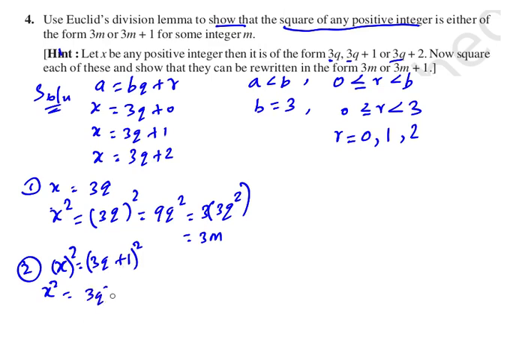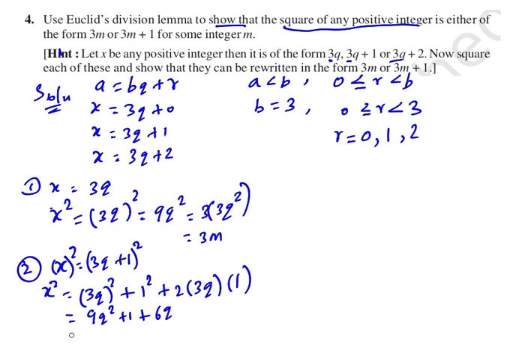So (3q) square, a square, plus b square, plus 2 times a b. If we simplify, we can write this as 9q square plus 1 plus 2 times 3, which is 6q.